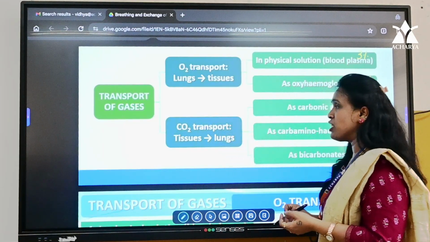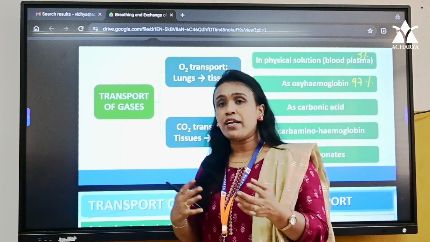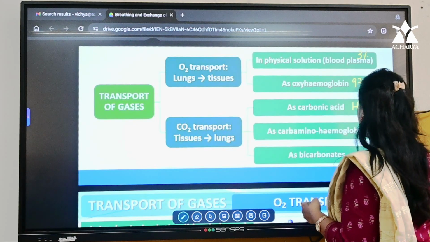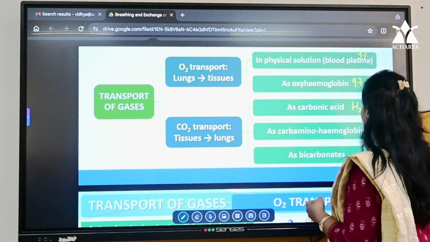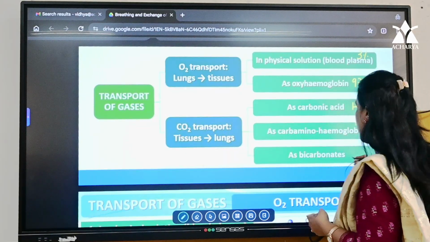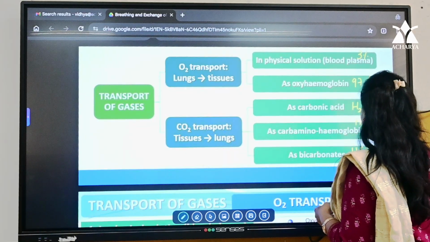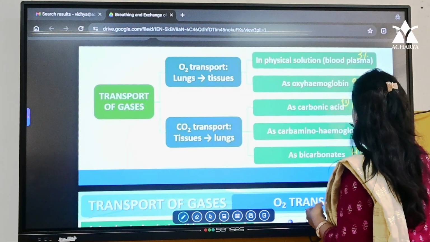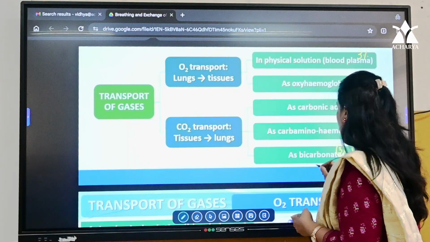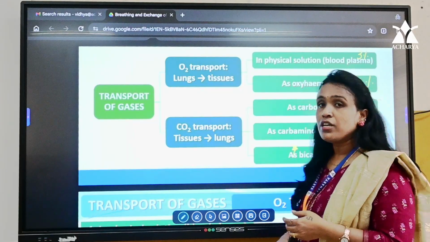Carbon dioxide is transported between the tissues and lungs as carbonic acid, that is H2CO3, as carbaminohemoglobin, HbCO2, and as bicarbonate, that is HCO3 minus. So these are the various forms in which carbon dioxide is transported, of which bicarbonate is the major amount.